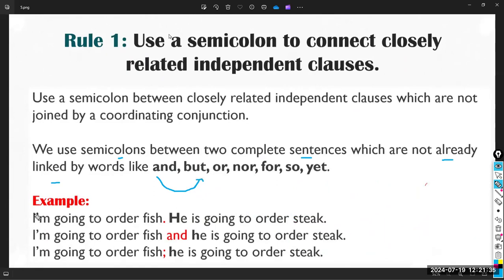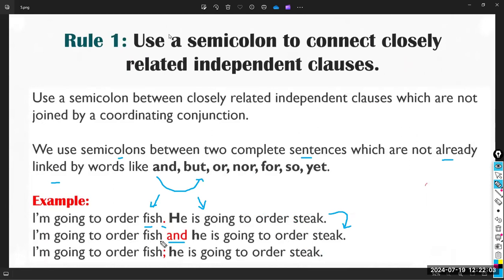So let's talk about these examples. Notice that example number one is saying: I'm going to order fish. This is a simple sentence. Now in a new sentence: he is going to order a steak. So instead of writing two simple sentences, I can join them by writing only one sentence, and this sentence again is called compound sentence. And this is one of the fanboys, which is and.